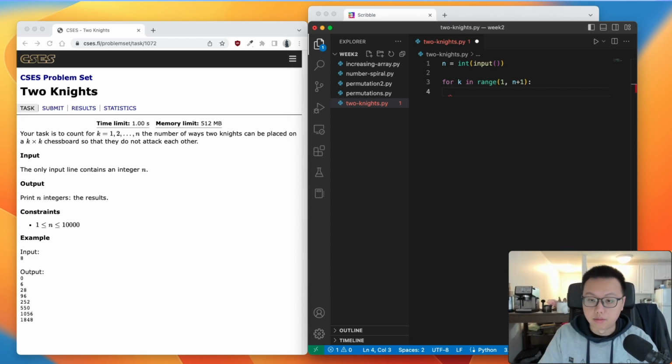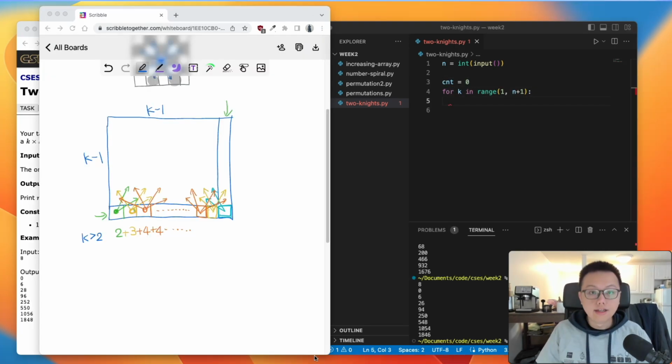The number of ways they attack each other is the total number of ways to count. Let's count the number of ways to put two knights on the chessboard so they attack each other. In particular, we want to count the case where one knight is on the last row of the chessboard. We can do this for different k values.